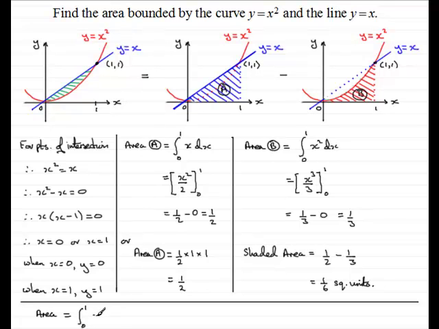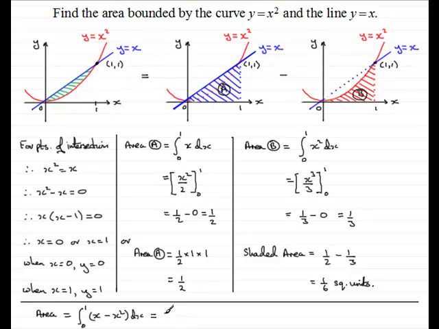So we could say integrate x minus x squared with respect to x. You've got to be very careful though in situations like this when you've got areas that are underneath the x-axis. So personally I don't often use this technique, but it will work in this situation anyway.